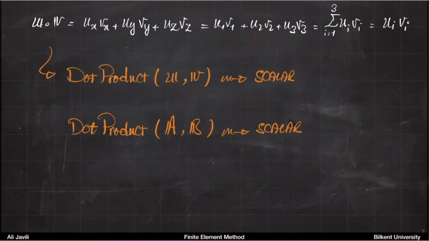In the previous case, this was ui vi. If you have a dot product between two second order tensors or two matrices, for simplicity you can write it as Aij Bij.